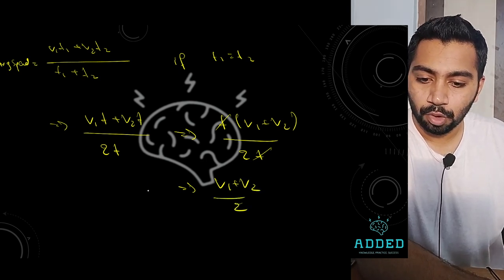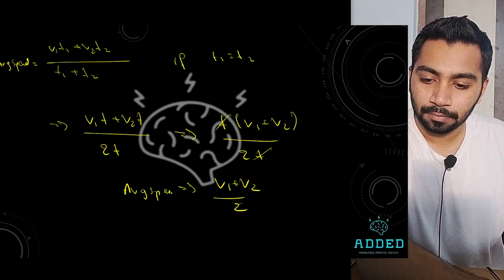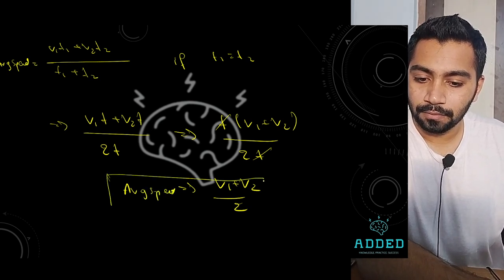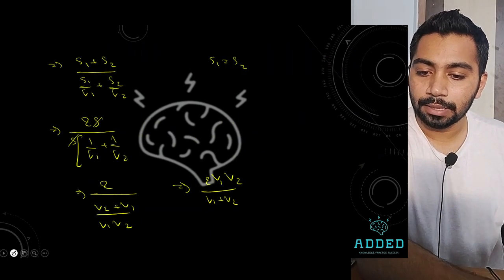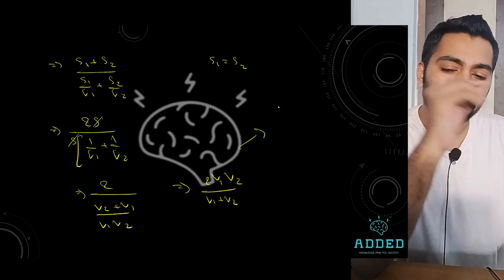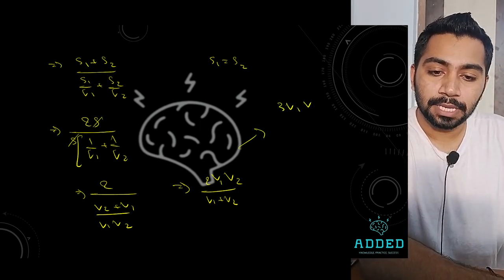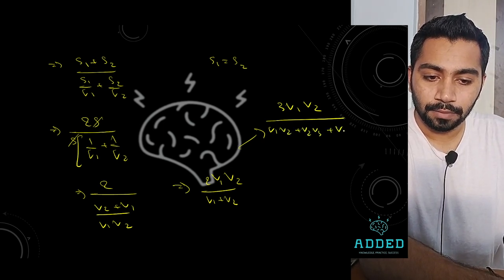This is for two points. If you take three points, it is v1 plus v2 plus v3 divided by 3. And in the earlier case, for three points it becomes 3 times v1 v2 v3 divided by v1 v2 plus v2 v3 plus v3 v1.